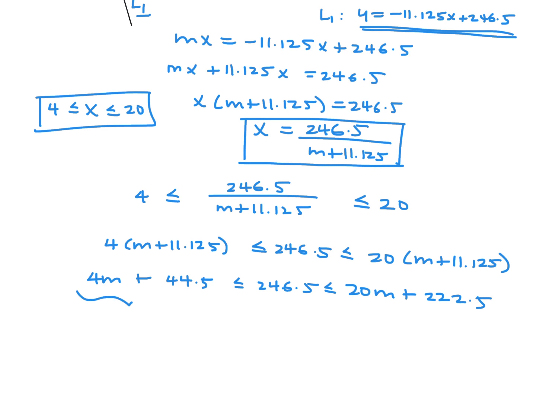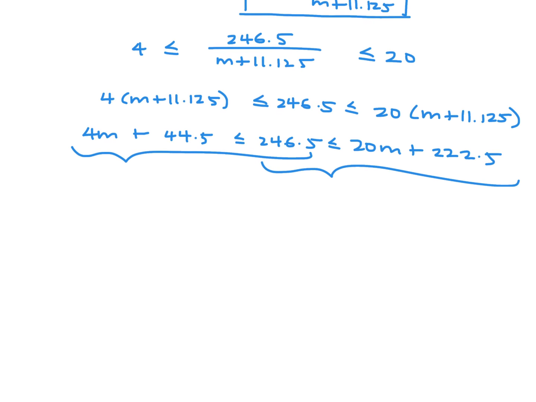I'm going to do this separately, because there's two different conditions. For the first one, it'll be 4m is less than or equal to 202 when I bring the 44.5 on the other side. That means m is less than or equal to 50.5. Okay, so that's my first condition.